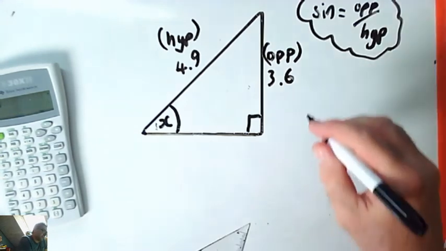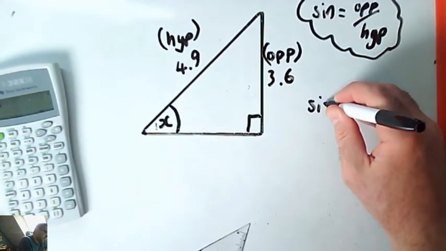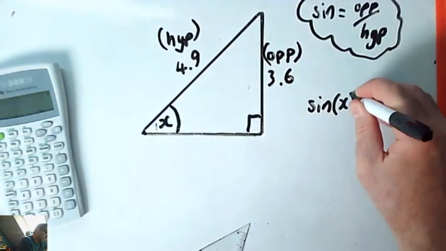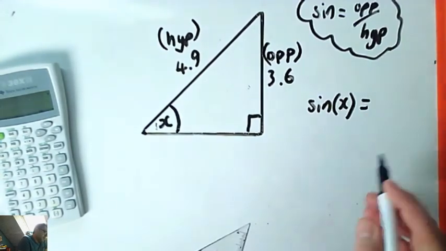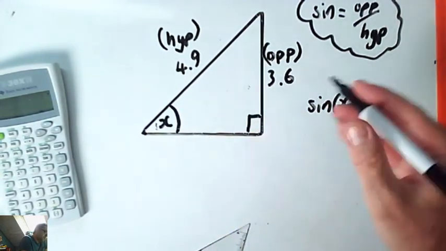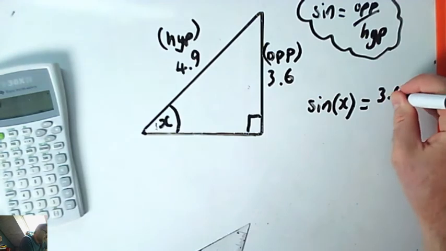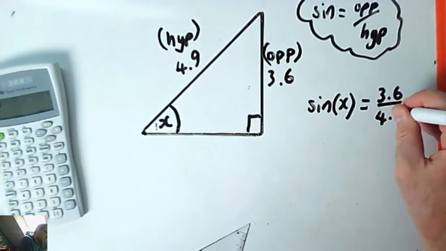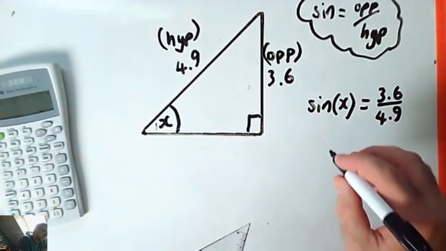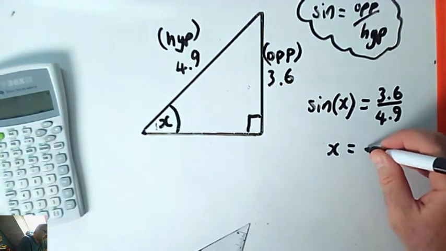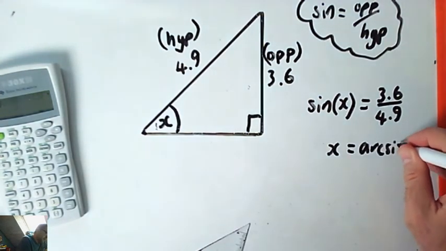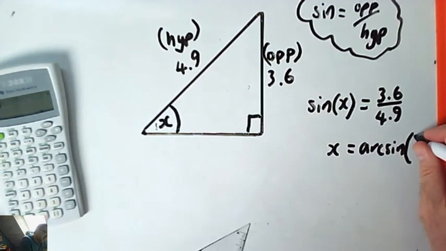Remind ourselves. So in this particular case, sine of x equals opposite over hypotenuse, 3.6 over 4.9. So x itself is the arc sine or the inverse sine of 3.6 over 4.9.